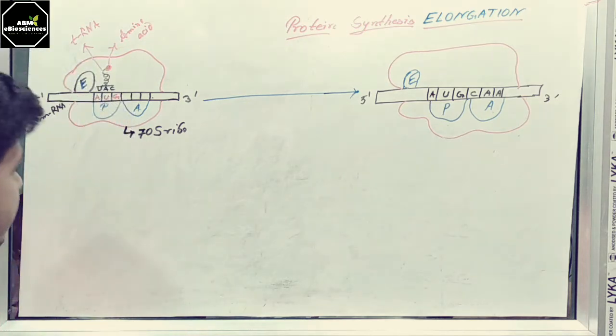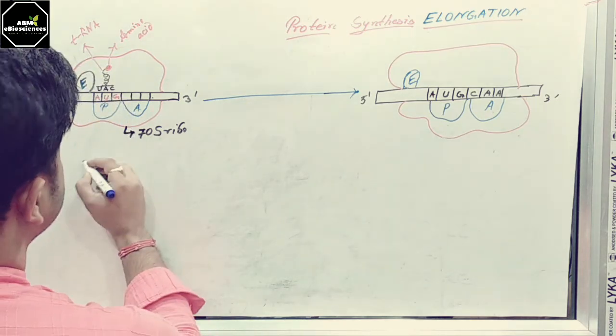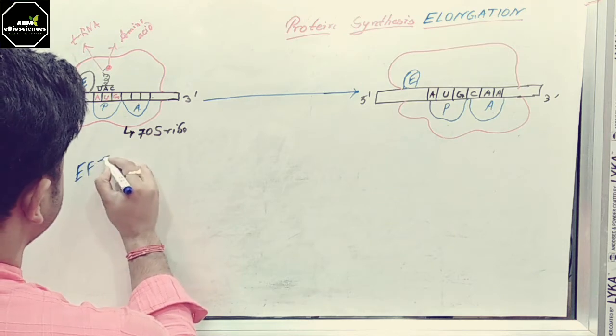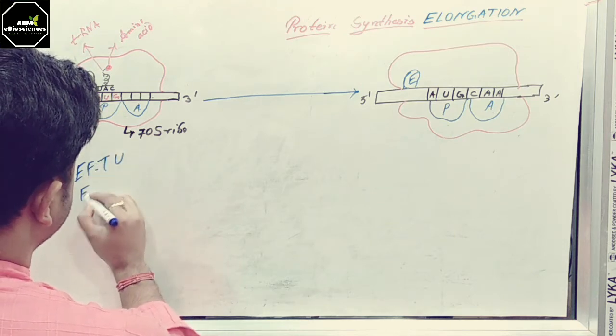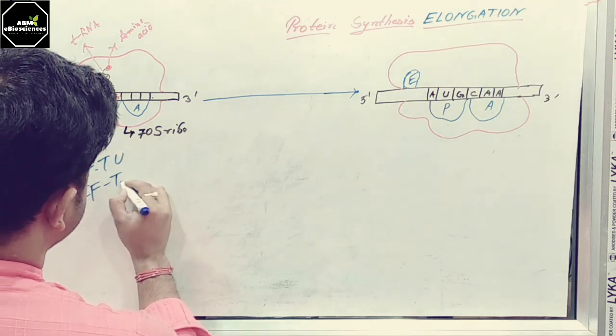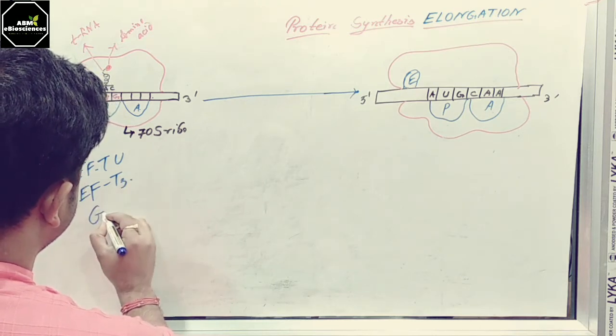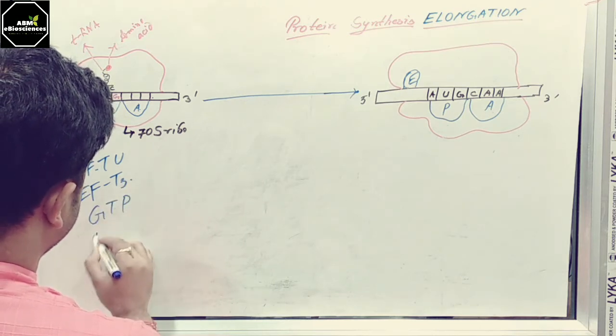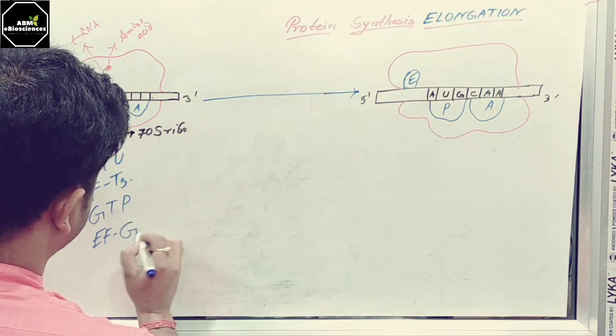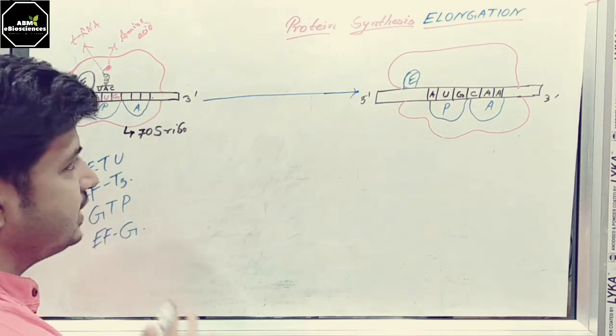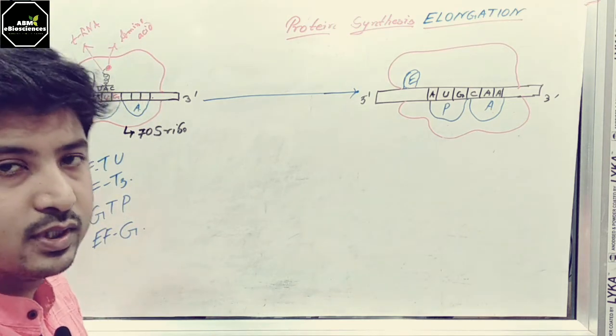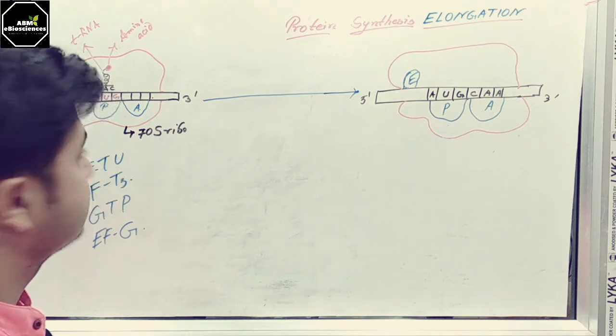The few factors we need here are EF-TU, EF-TS, GTP, and EF-G. These are needed to proceed with the elongation process.